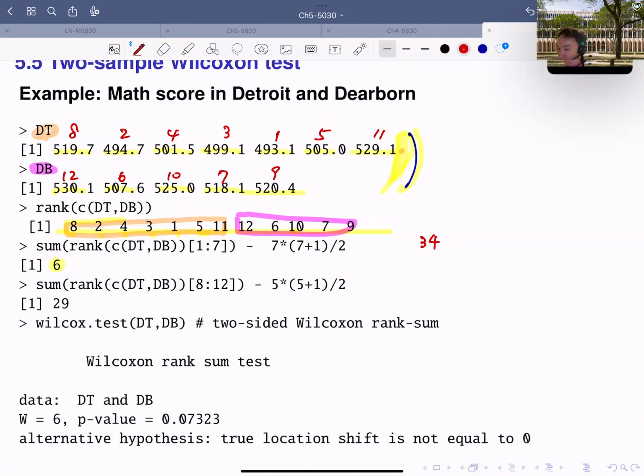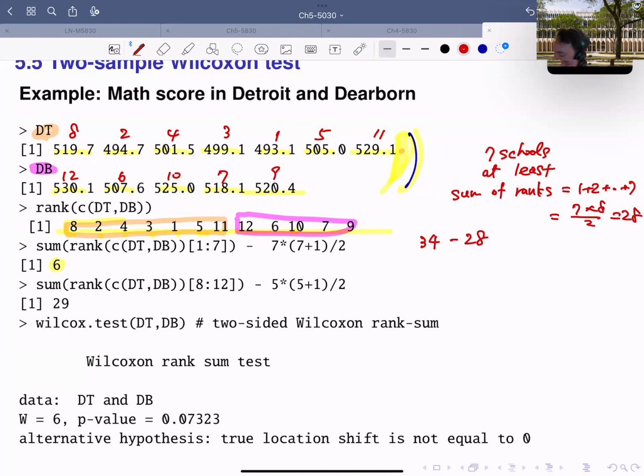But we have 7 schools, so at the least the sum of ranks is 1 plus 2 plus up to 7. That is 7 times 8 divided by 2, so 28. So as a test statistic, we use 34 minus 28. That is 6.